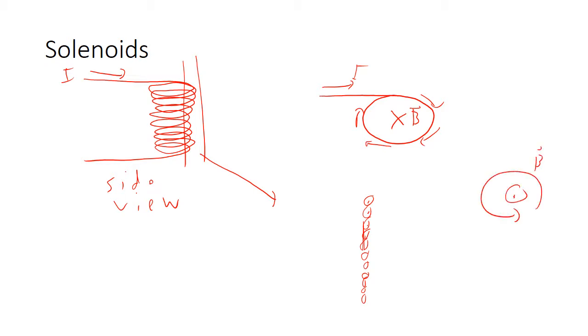If you imagine a spot right there in here, the magnetic field due to this one over here is like that, and the magnetic field due to this one over here is like that. And so they add up going down. So the magnetic field inside the solenoid is always going down. So that's going to be our clue.